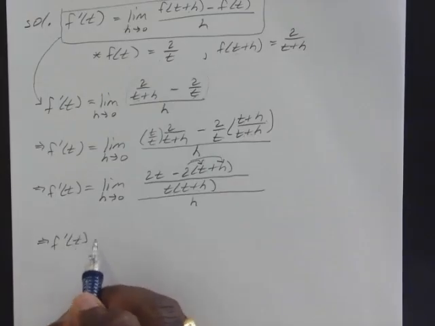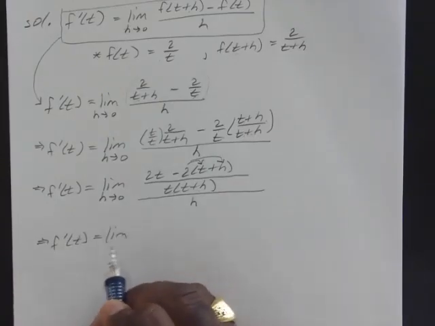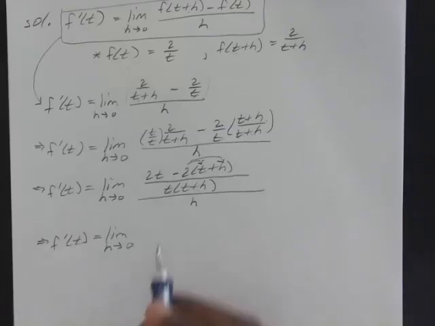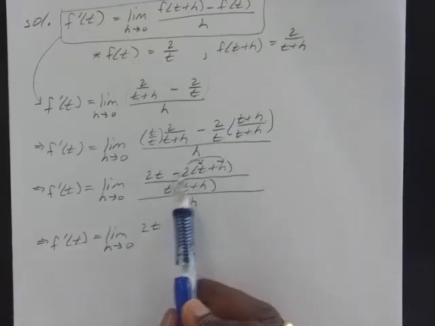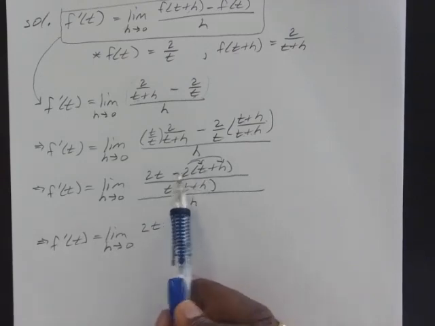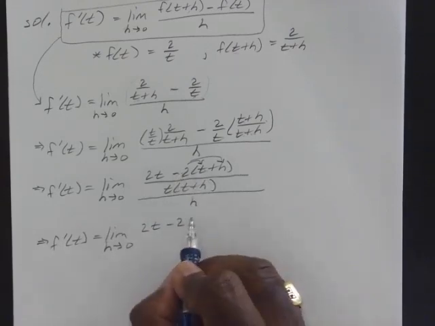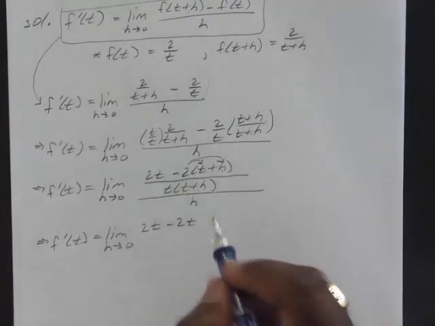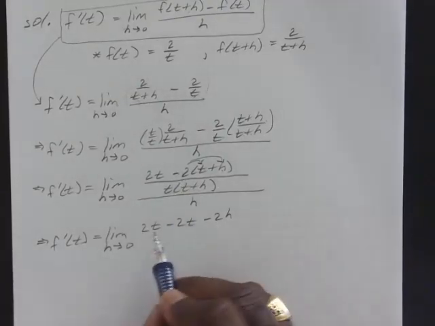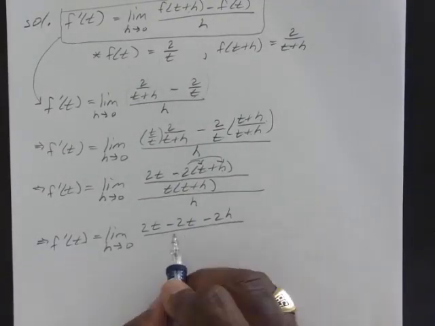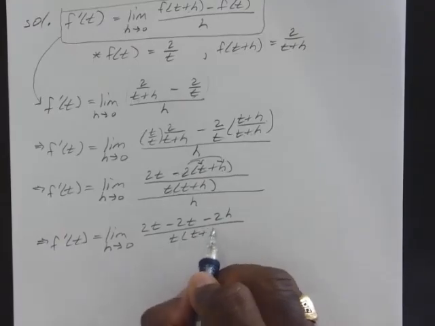So our f prime of t is equal to the limit as h approaches 0 of 2t minus 2t when we distribute that negative 2, minus 2h, divided by t times t plus h.